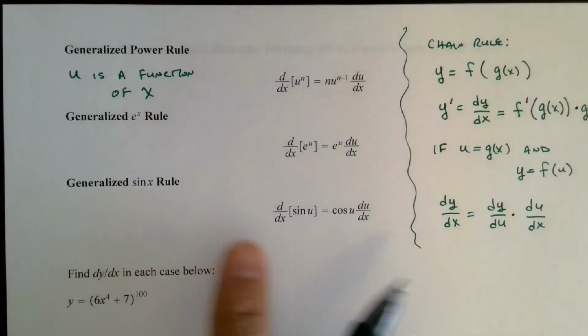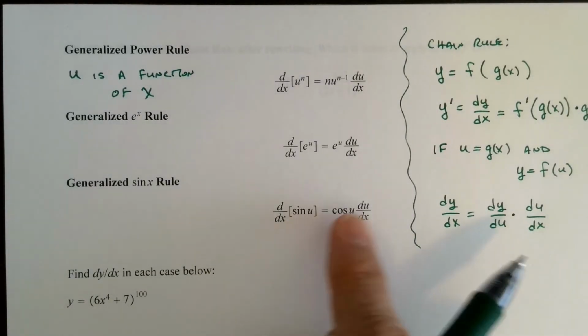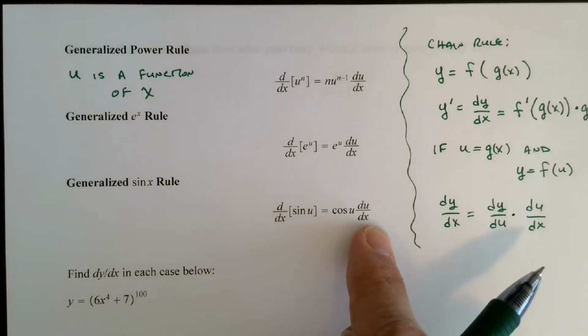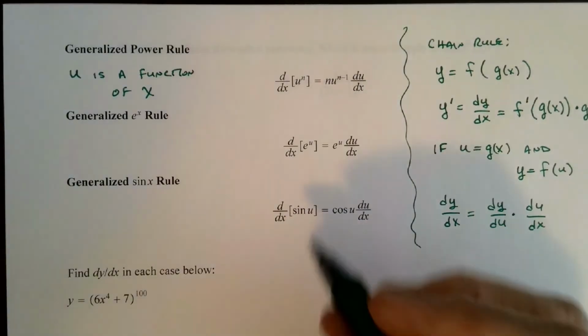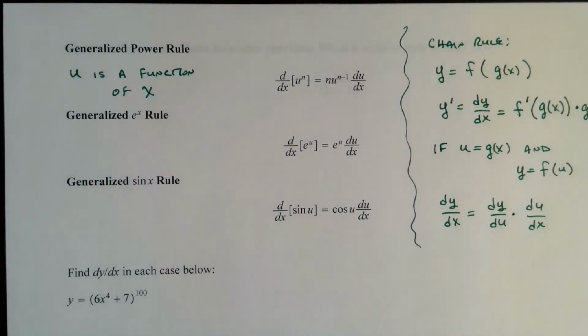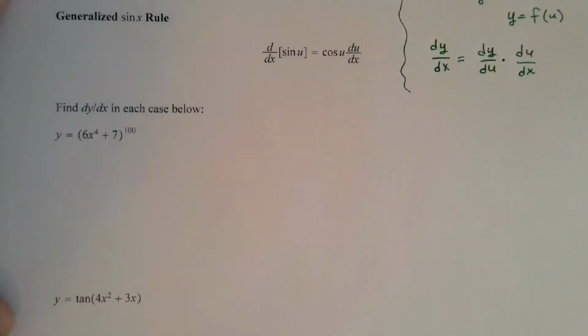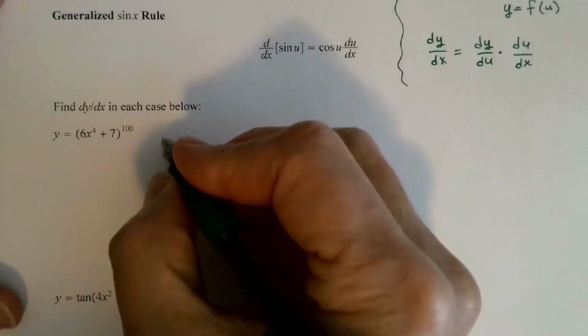Generalized rule for sine. Derivative with respect to x of sine of u is cosine u, the derivative of the outer function, times the derivative of the inner function. And this works: if u is equal to x, then du/dx is just equal to 1, and we get our regular rules. This is the generalized rule. So we just think about that when that's really the chain rule. You might hear it called the generalized rule.